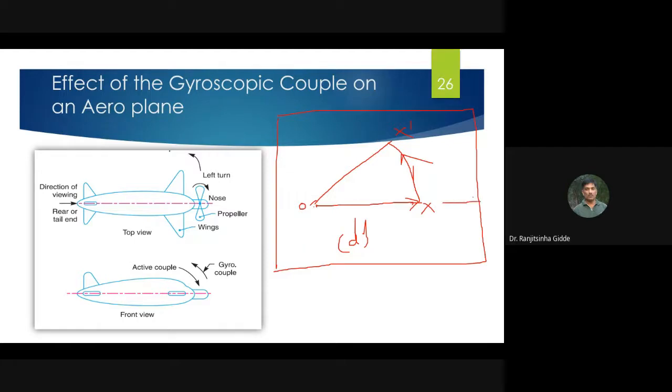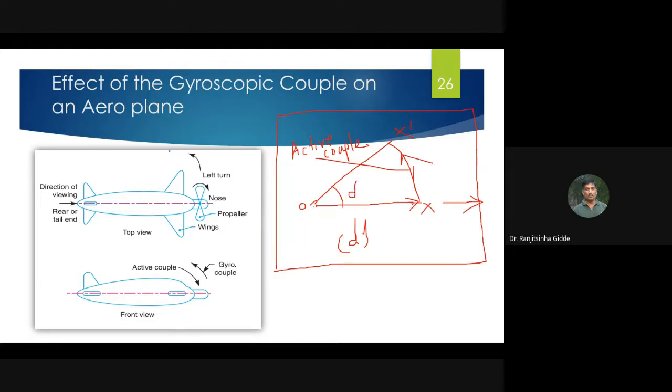Aeroplane, this is the angular momentum vector, and now we have changed that angular momentum vector to the new position, that is OX prime, and this is called the active couple. So the aeroplane is steered in the left direction.